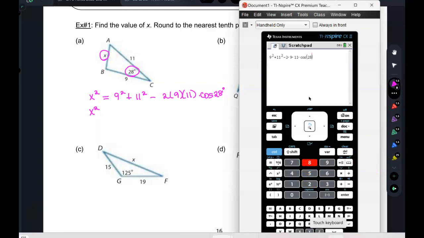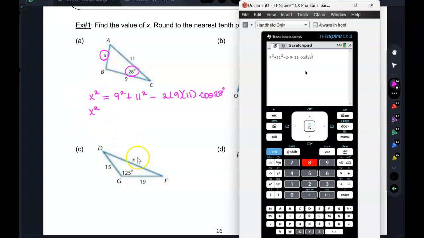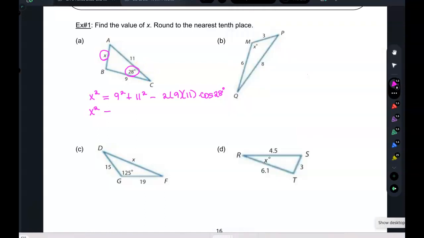So let your calculator do the work. All of this is just going to give us some number. Let's press enter. So I get 27.